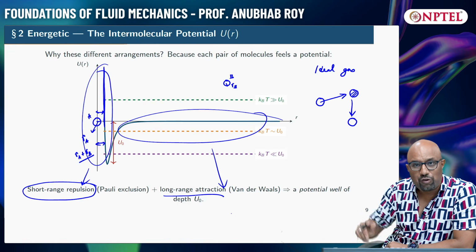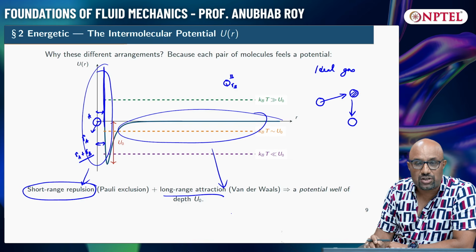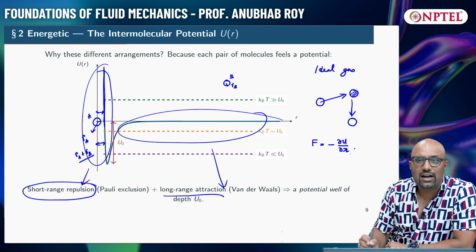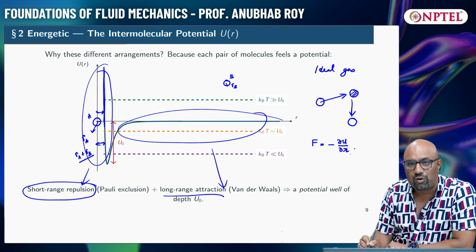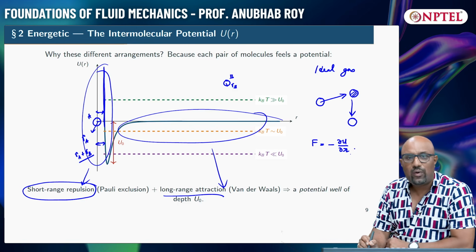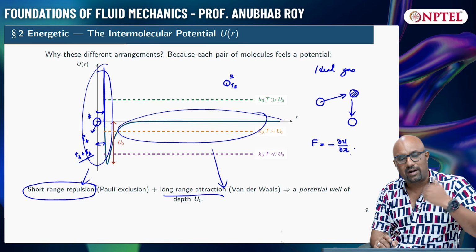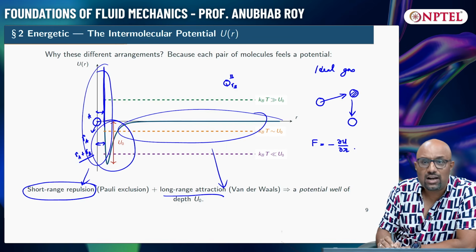You can see this is the quantity which is the potential. When you write down the force, it is going to be the negative of the gradient of this potential, which means you are going to get an attractive force at large distance and a repulsive force at short distance. Now when you have a potential which has these two different kinds of branches, you are going to get a potential minimum.